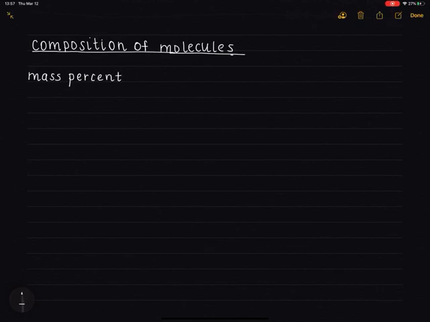Often we'll hear people talk about mass percent, percent by mass, percent composition. Those all refer to this same idea.